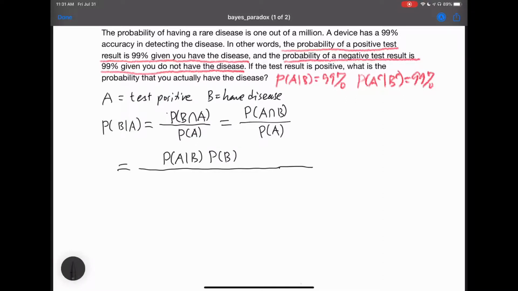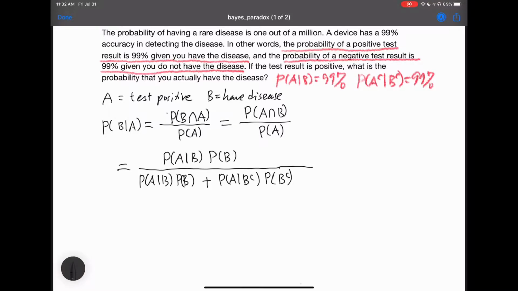For the denominator, we can write it using the law of total probability. P of A is equal to P of A given B multiply P of B plus P of A given B complement multiply P of B complement.